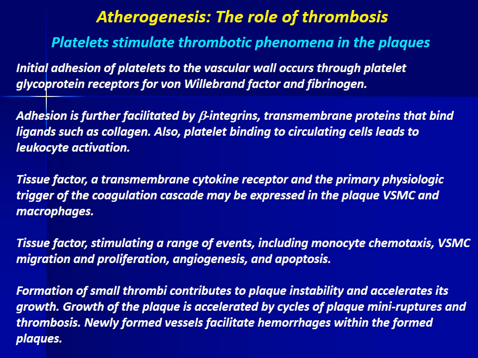Formation of small thrombi contributes to plaque instability and accelerates its growth. Growth of the plaque is accelerated by cycles of plaque mini ruptures and thrombosis. Newly formed vessels facilitate hemorrhages within the formed plaques.